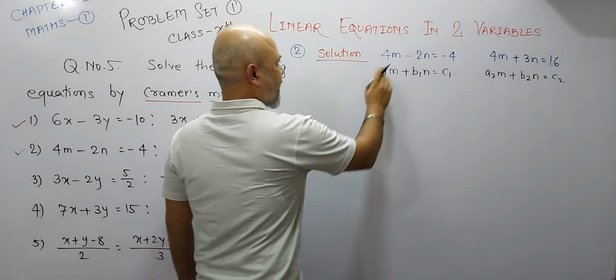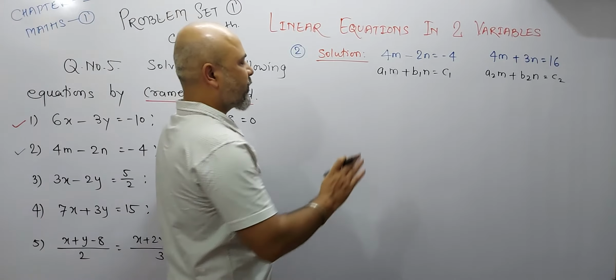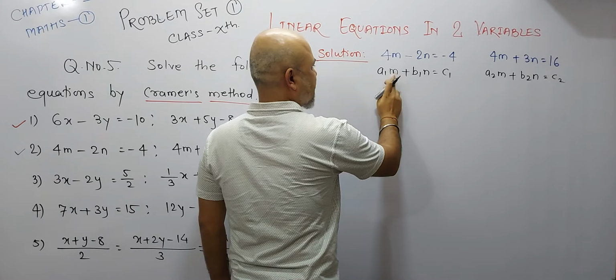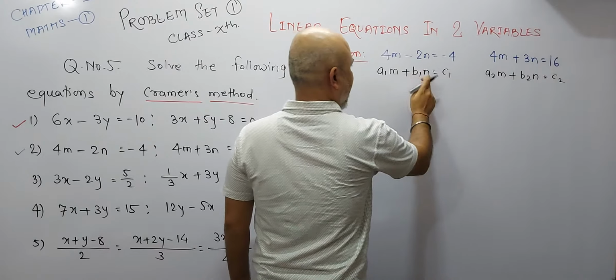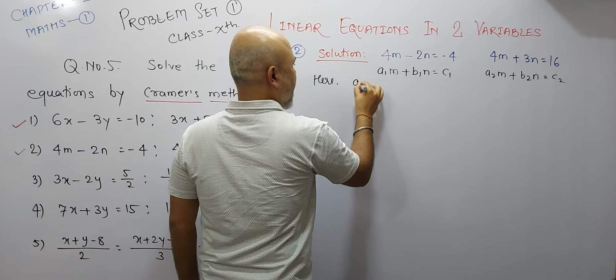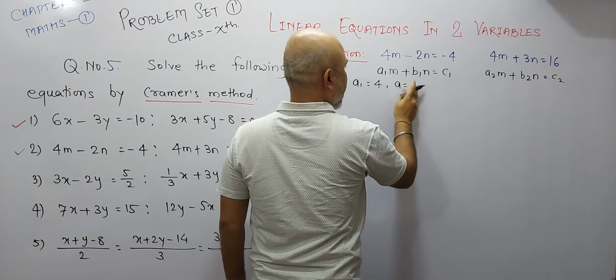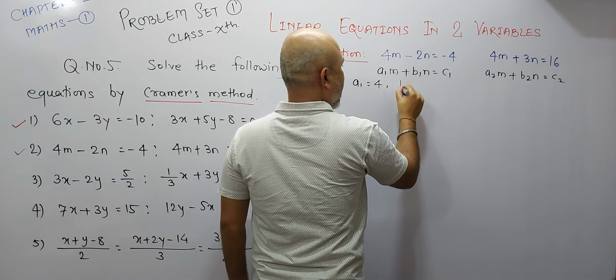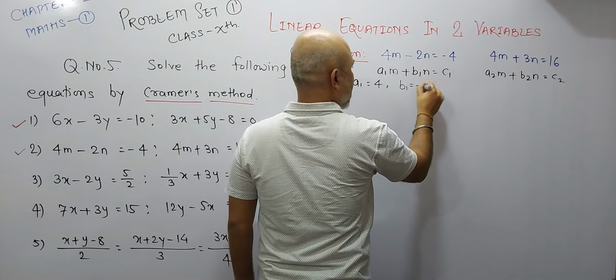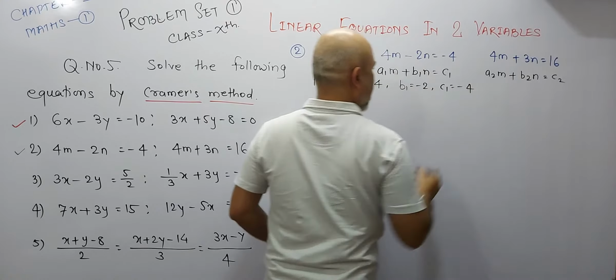Okay, because here the equations are in the variables m and n, so instead of x and y, we will write m and n. So here what will a1 be? a1 will be 4. And b1 is equal to -2, and c1 is equal to -4.